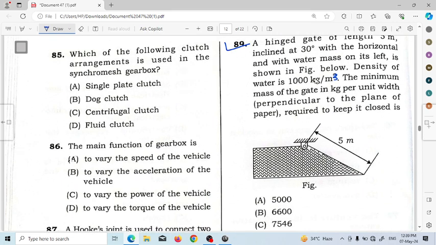Given density is 1000 kg per meter cube and inclined 30 degree. 30 degree is the opposite angle, and the length of the gate given is 5 meter, and we have to find the mass of the gate, which is the minimum mass to keep the gate closed.